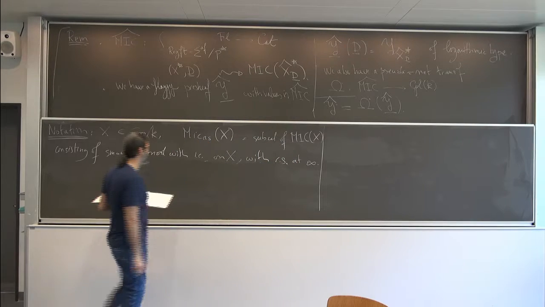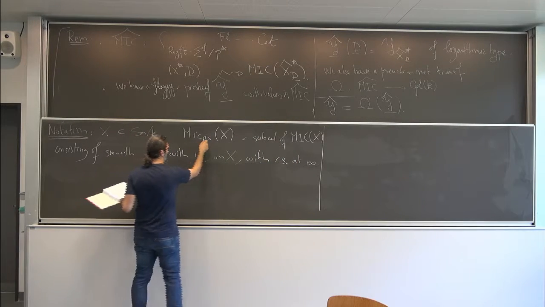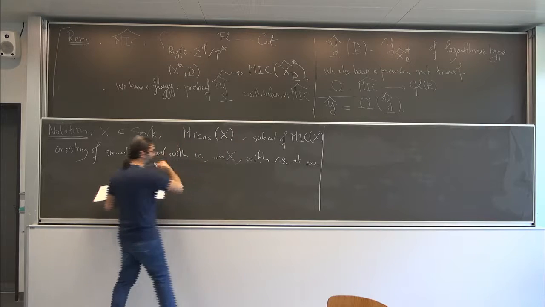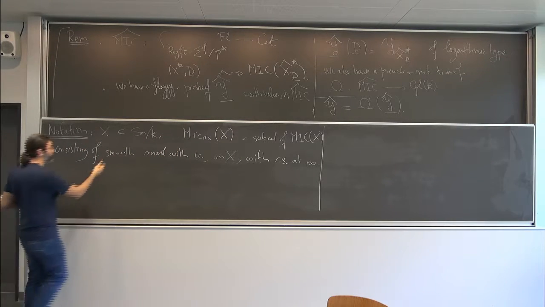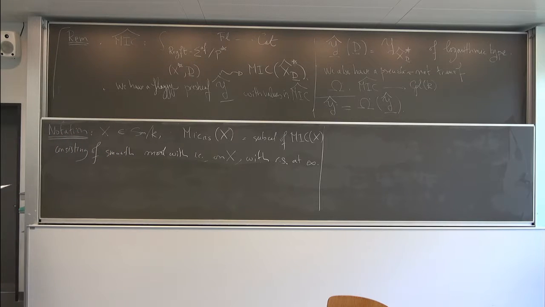Last time we saw a version of this where I put the boundary. Here it's the absolute version, which makes sense for a smooth scheme over a field. So we just fix any compactification and take regular singular with respect to the boundary of this compactification.